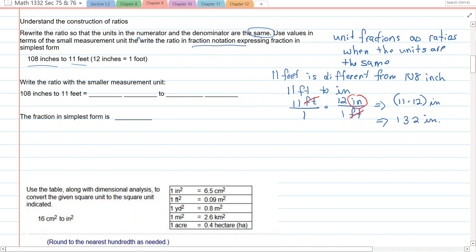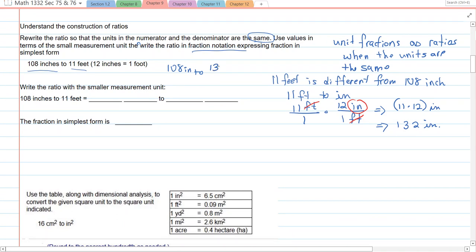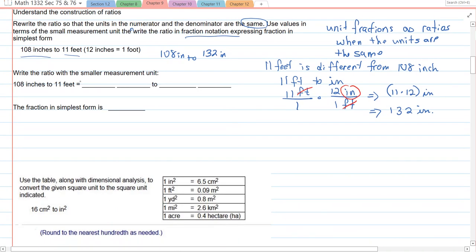All right, so now I have 108 inches to 132 inches. All right, so now it says write the ratio in the smaller measurement unit. So now these guys match the inches.